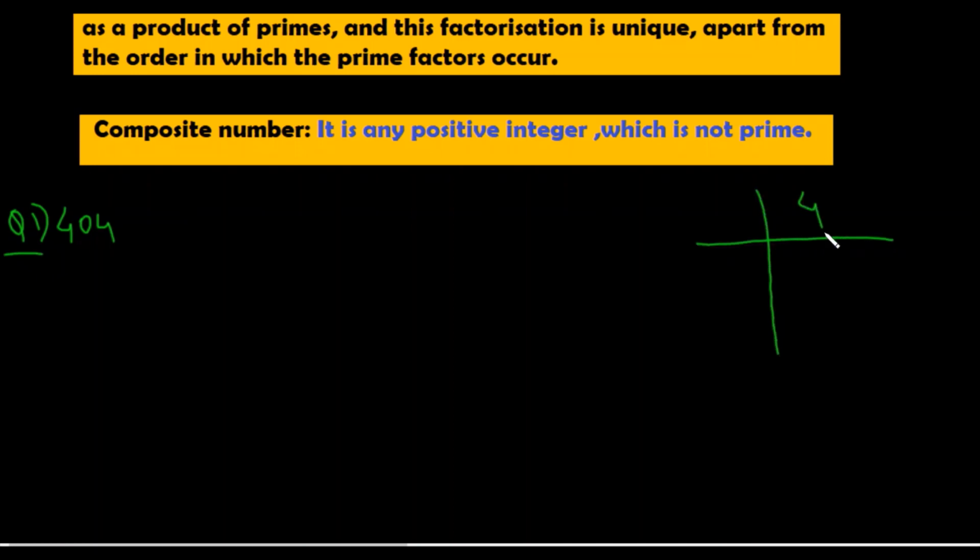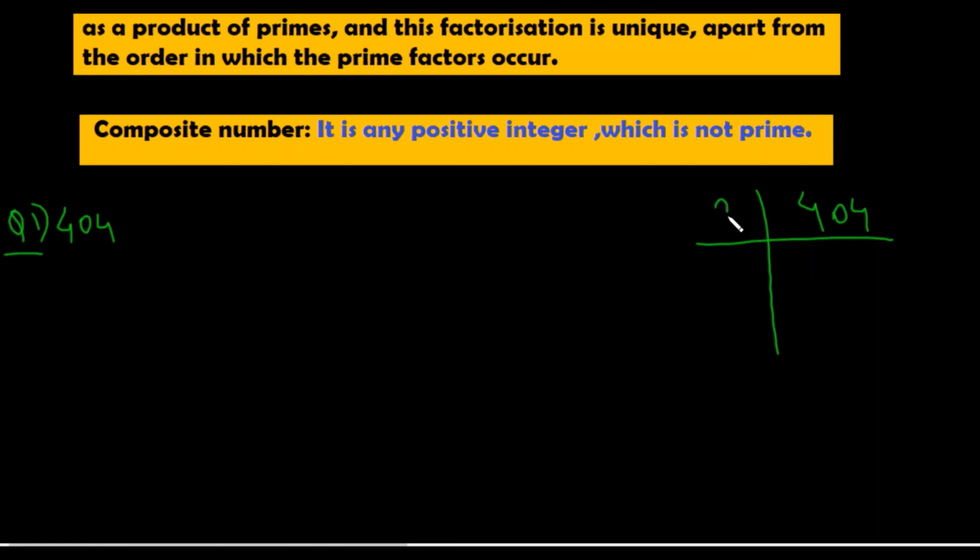We will start with the prime numbers that can divide this number. We always look for the smallest number first, like 2. 2 is the smallest prime number. We will see if 404 can be divided by 2. If it is true, then we will do so. Else we will move to the next prime number, like 3 and then 5 and then 7. We will not jump to a big number at once. We will always prime factorize by the smallest number.